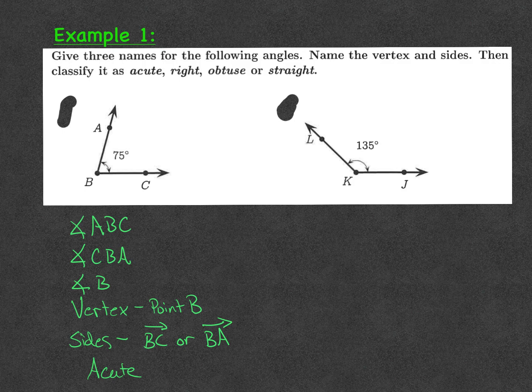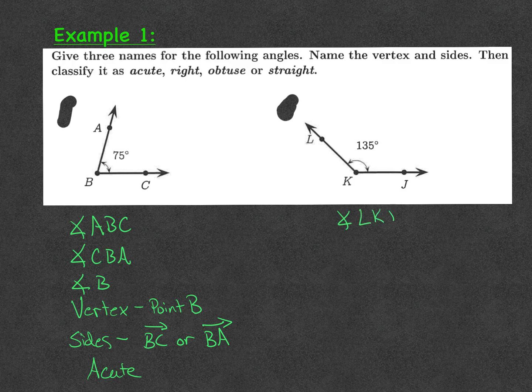Kamora, give me a name for this one on the right. Did you say KJ? No, remember you have to use 3 points, and the K has to be in the middle. LKJ, there you go.